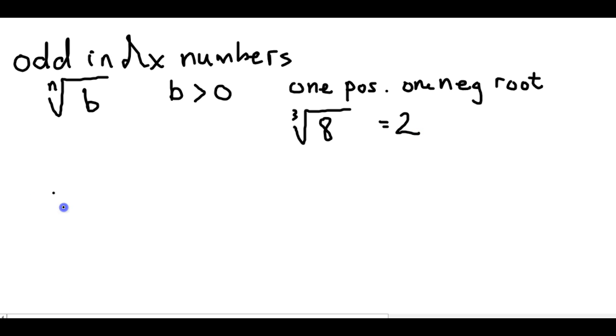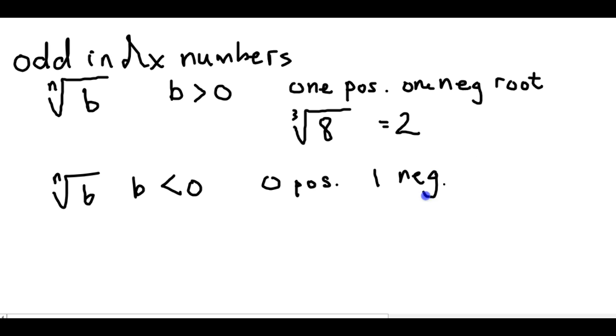So now if we have, again, index number of n, radicand of b, where b is less than 0, we're going to have 0 positive roots, and we have one negative root. So this is an example, we have the 5th root of negative 32.